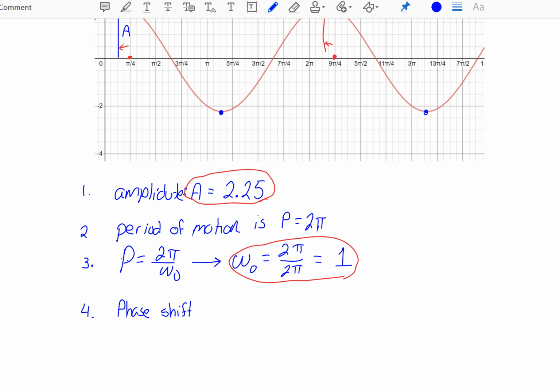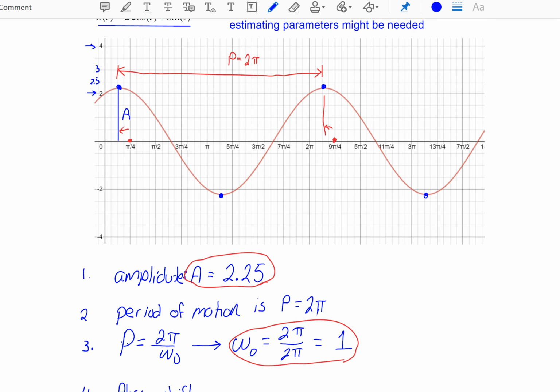Our phase shift is how much our graph is shifted off of the line t equals 0. Our phase shift is this shift right here. Now this is not the phase angle, this is your phase shift.